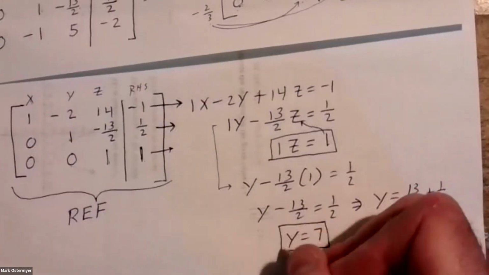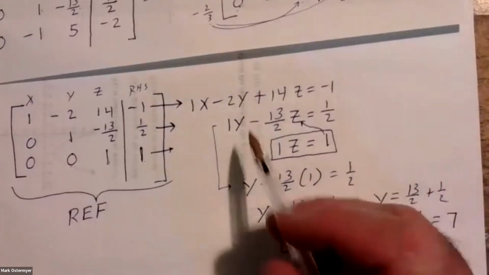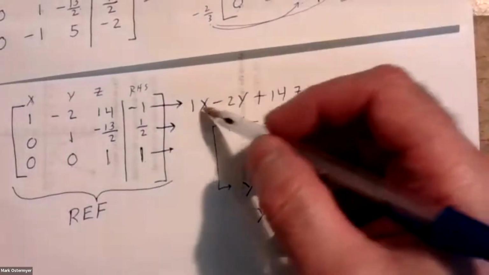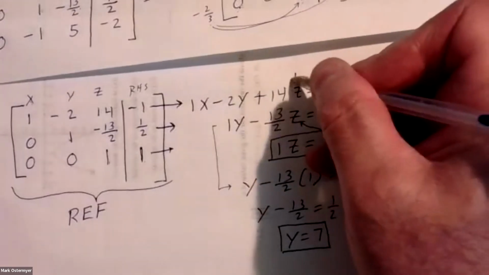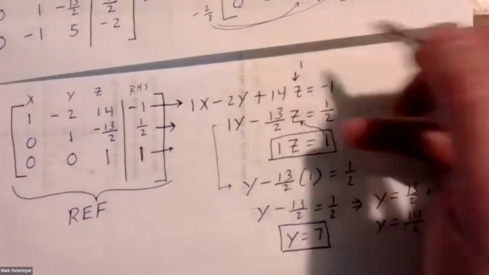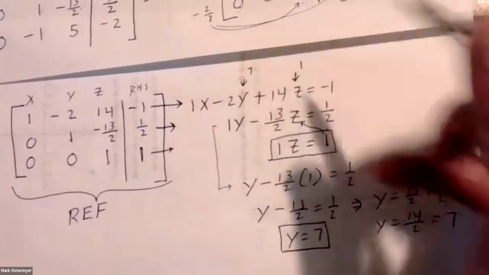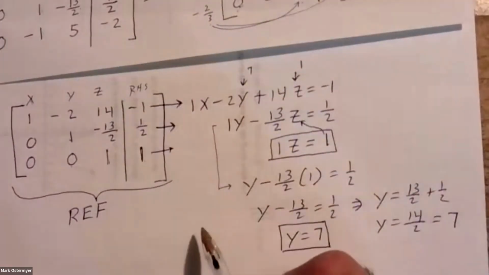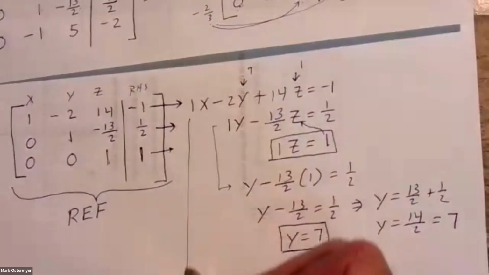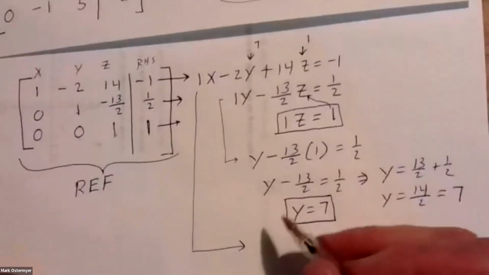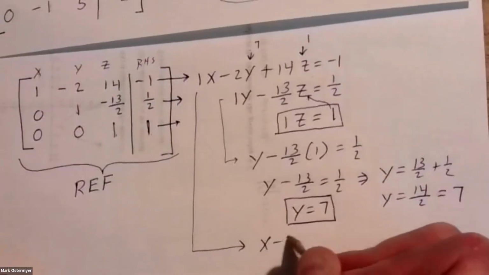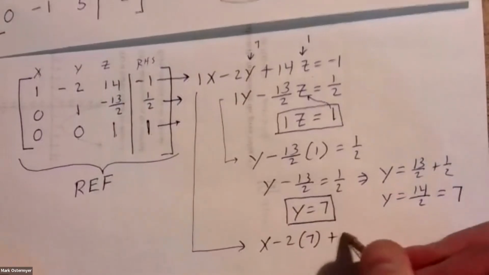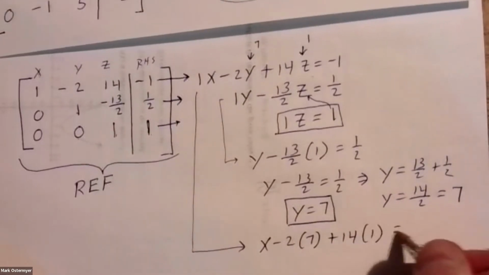So now we know y is equal to 7. We got our y coordinate. Now to find our x coordinate, we're going to back substitute up in the first equation. What drops in for z? 1. What drops in for y? 7. And now we'll solve this equation for x. So after back substituting, our first equation becomes x minus 2 times 7 plus 14 times 1 equals -1.